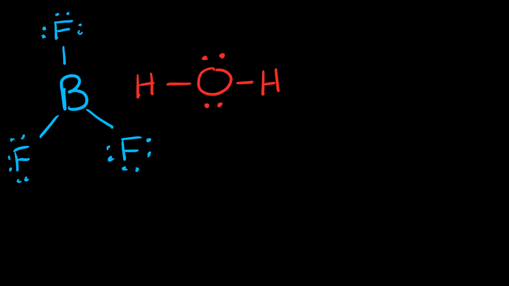So for example, if you were to put BF3 in with water, you would see that the following reaction would take place. You would get a lone pair from oxygen attacking the boron atom to now give you a new boron-oxygen bond.